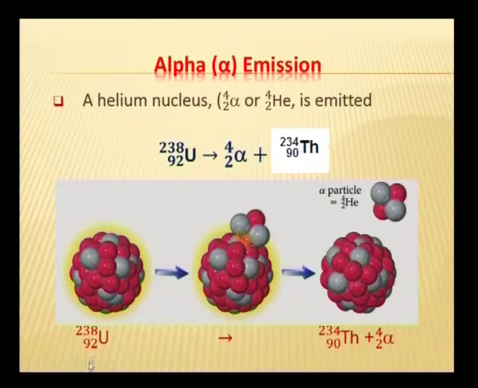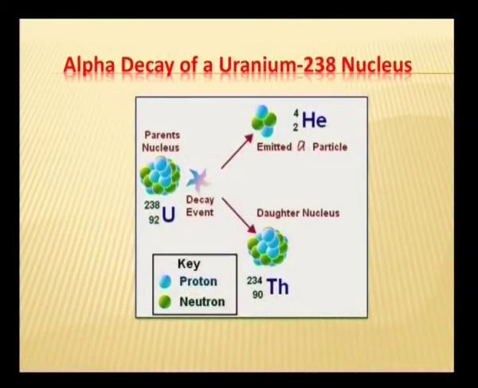The charge has been reduced by 2, because 2 protons are contained in it, along with 2 neutrons. Therefore, from 92 the number of protons becomes 90. This is the nuclear reaction that is taking place. This is the alpha decay, how the alpha particle comes from nuclear radiation.